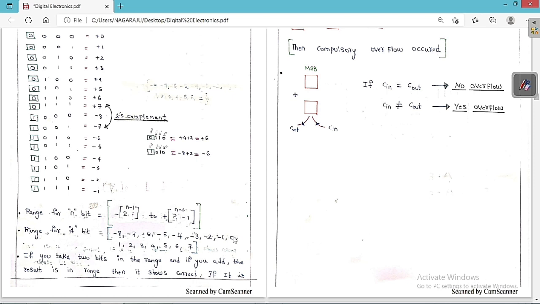So in the sign magnitude and also in the 1's complement, 0 has 2 representations, whereas for the 2's complement, 0 has only 1 representation. This is the concept that we always have to understand.